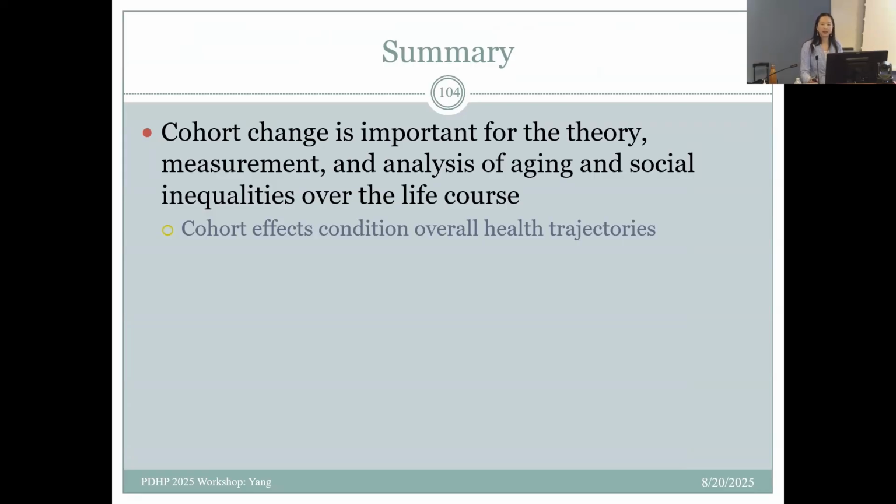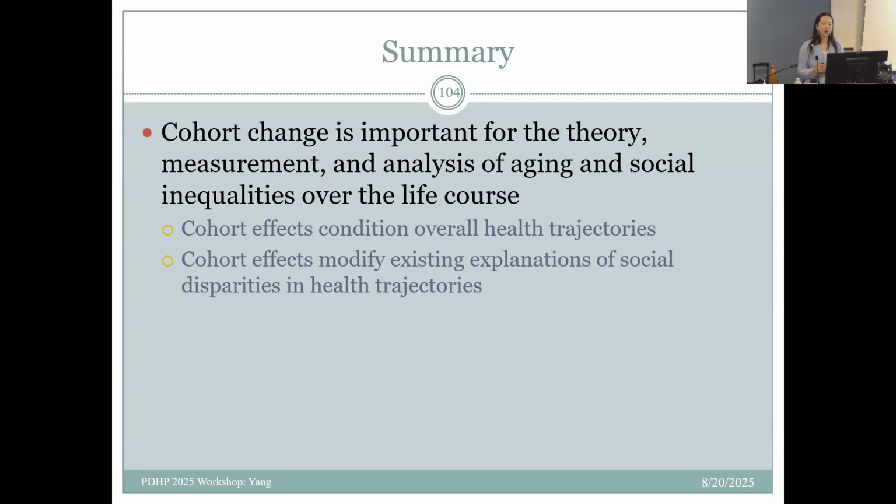Because we have seen evidence from a strong study using excellent data from ACL, for example, that cohort effects strongly condition overall health trajectory, such as the trajectories of mental and physical health differing by cohorts, but also cohort effects, by including it, can modify our existing explanations of social disparities in health trajectories.